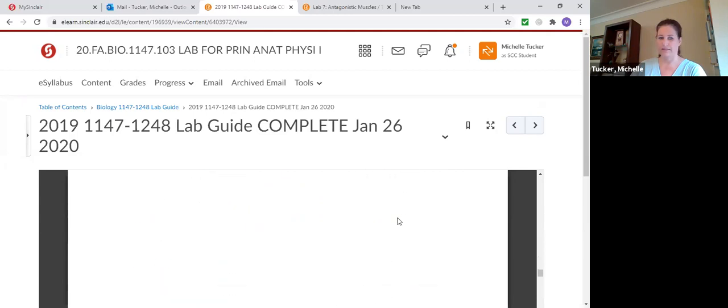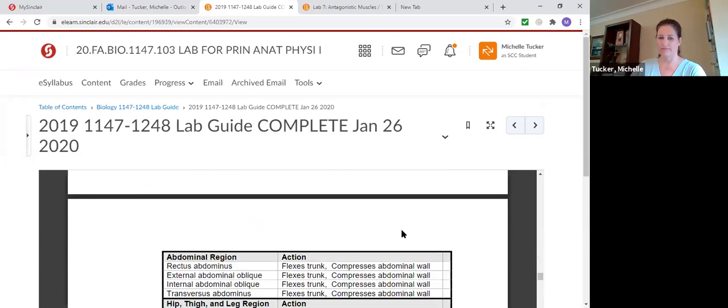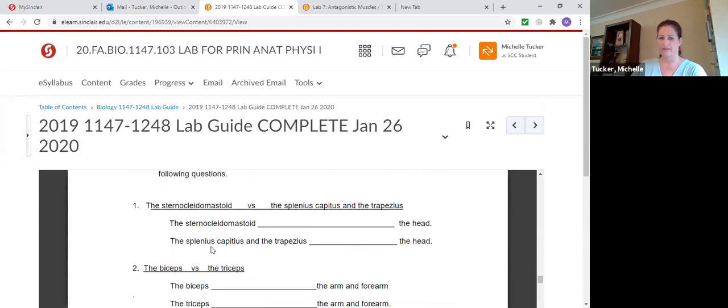And then for this week, it has all of these, and the pairs that you need to know. So you need to know that sternocleidomastoid flexes the head, and splenius capitis and trapezius extend the head, and that sternocleidomastoid and splenius capitis are antagonists, sternocleidomastoid and trapezius are antagonists.